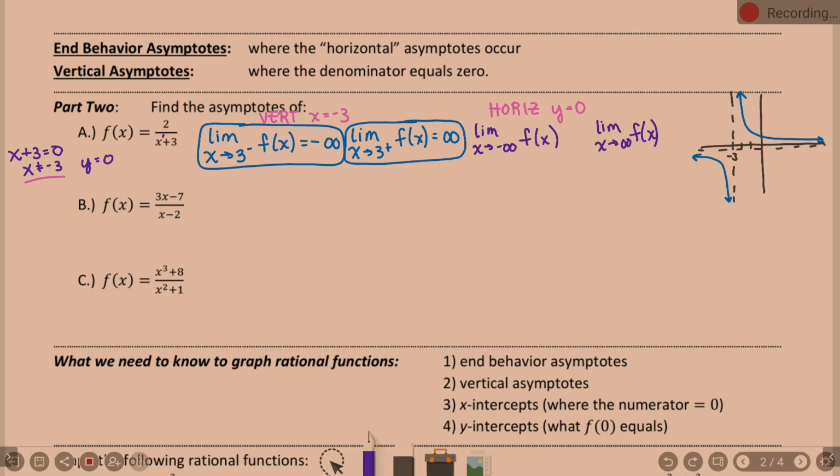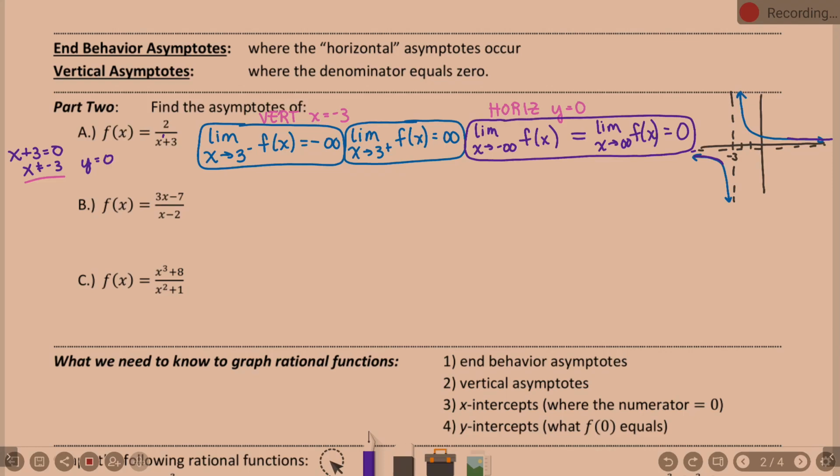Okay? And so here, as we go off to negative infinity, we're approaching 0 from underneath. As we go off to positive infinity, we're approaching 0 from above. Now, it's not unheard of to see limit equals limit equals 0. You will see me do that a lot as opposed to saying equals 0 and equals 0.